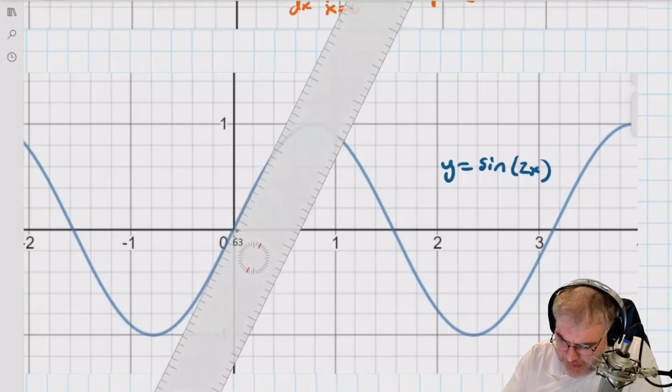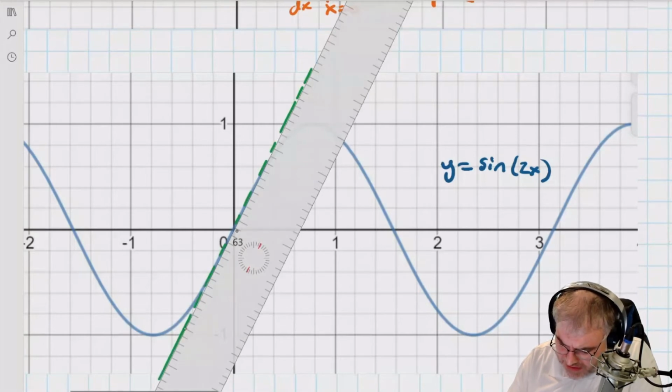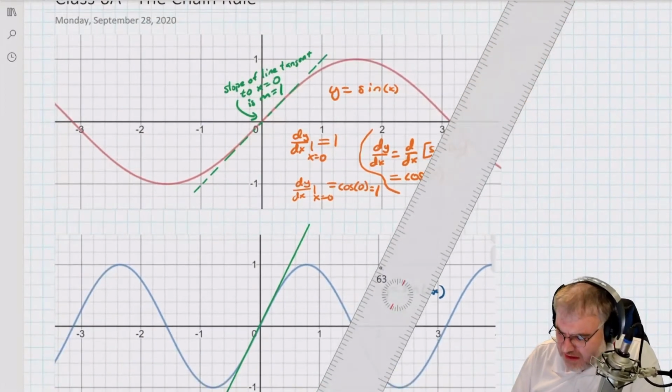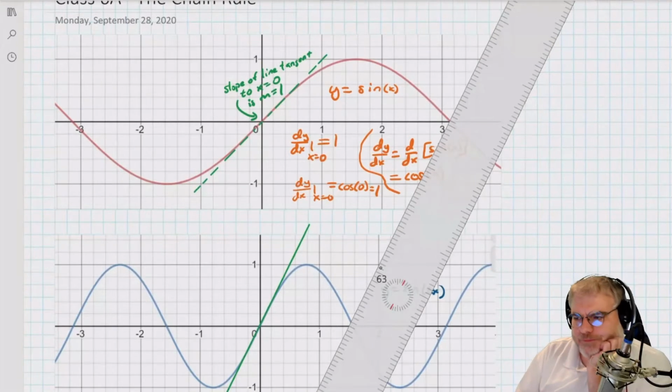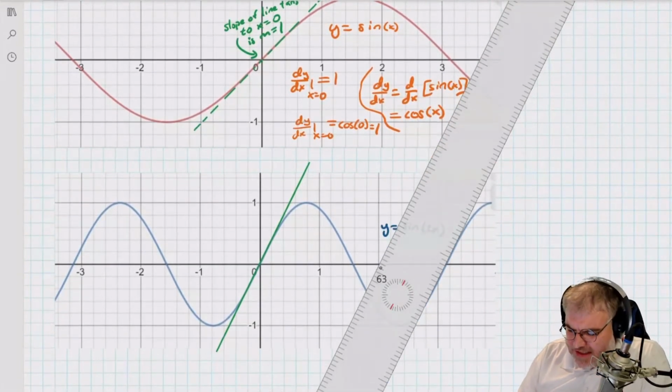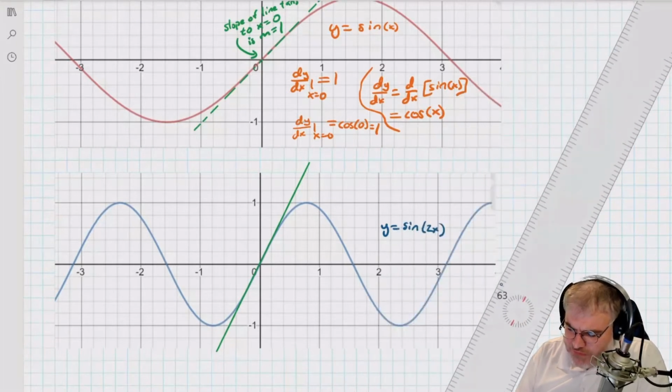It's a steeper tangent line, isn't it? Here, we had this nice flat line. Here, it's steeper. So I need to account for this doubling here.